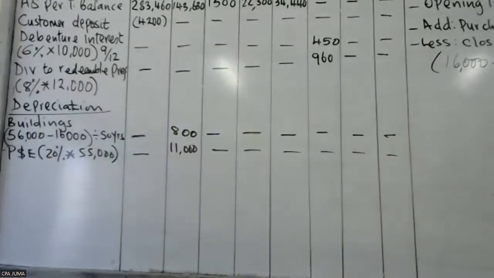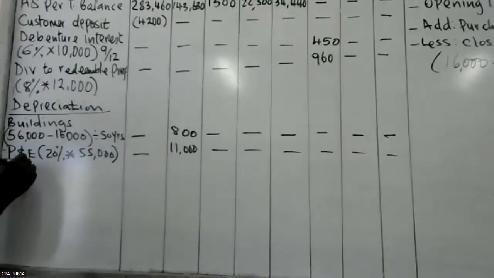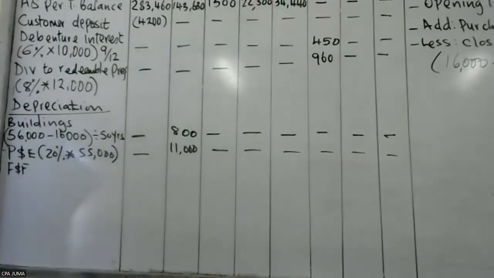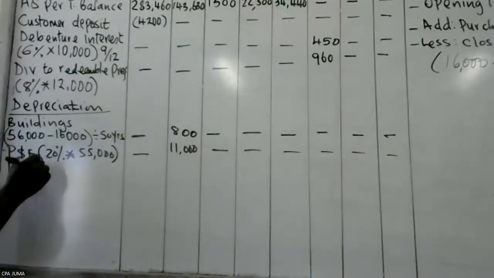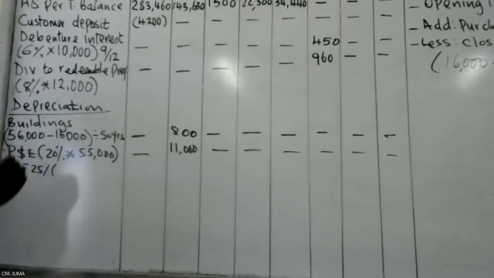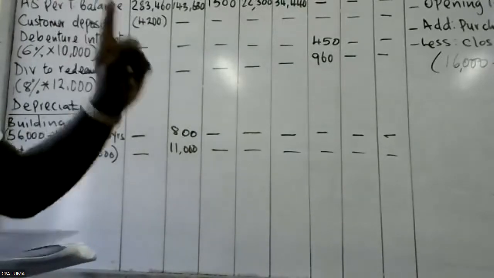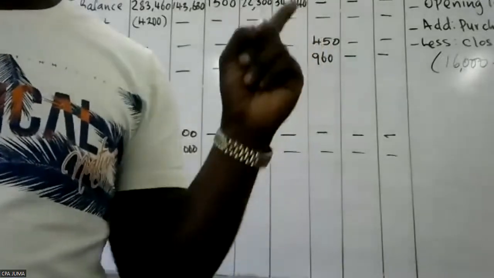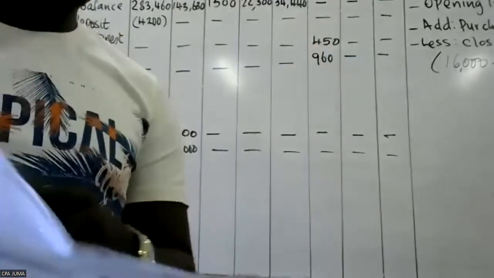Alright. F and F. They have said what percentage? 25. But 25% on which method? Reducing. So reducing, first of all, take the cost, you subtract the accumulated depreciation. Check trial balance.